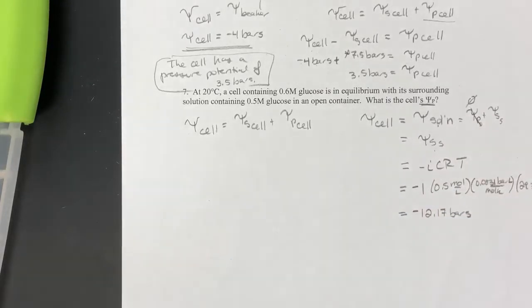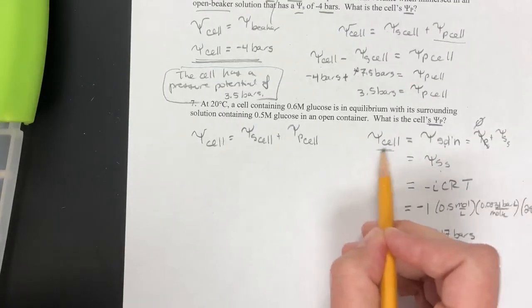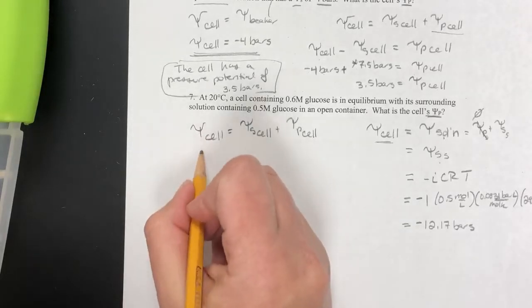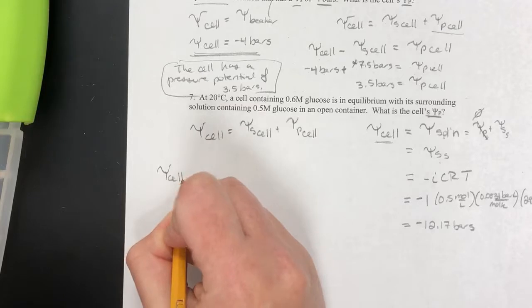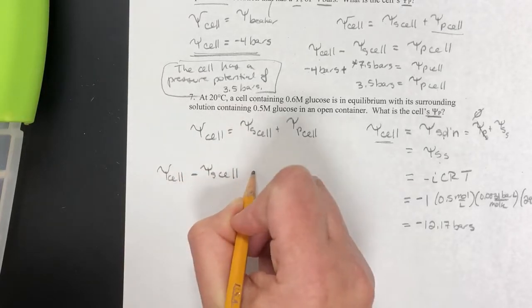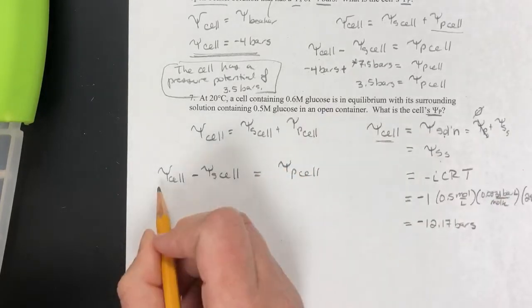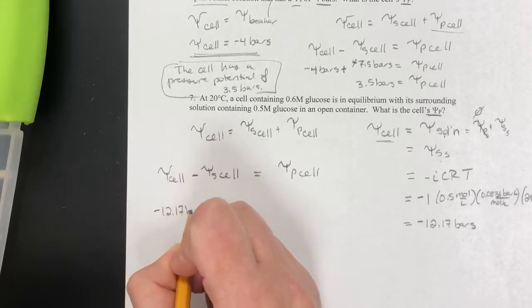Okay? So we're there so far. And that's going to be equal to the water potential of the cell because the two are isotonic. So we know the water potential of the cell, and we can calculate the solute potential of the cell, and that will give us the pressure potential of the cell, which is our unknown. So the water potential of the cell is negative 12.17 bars.